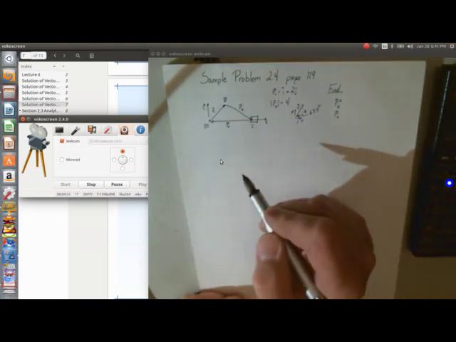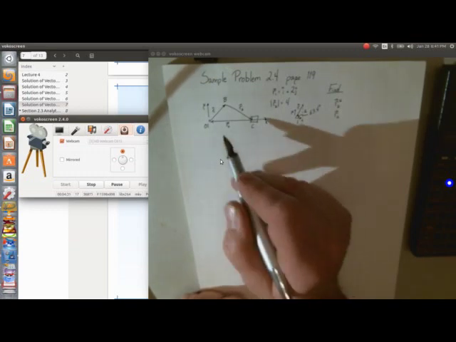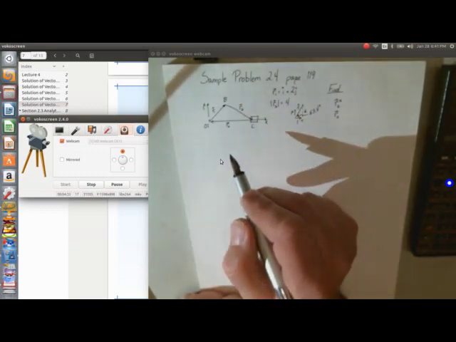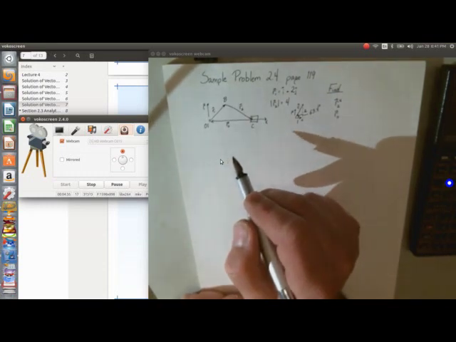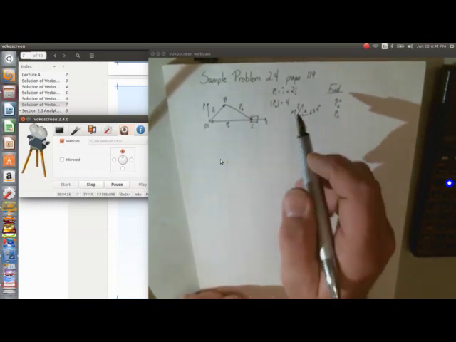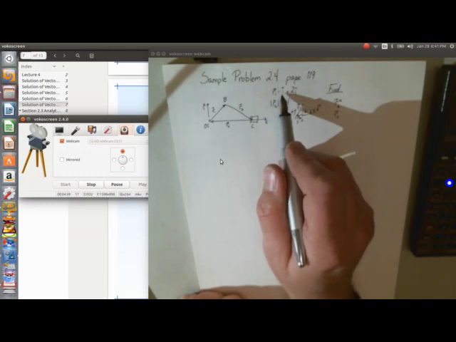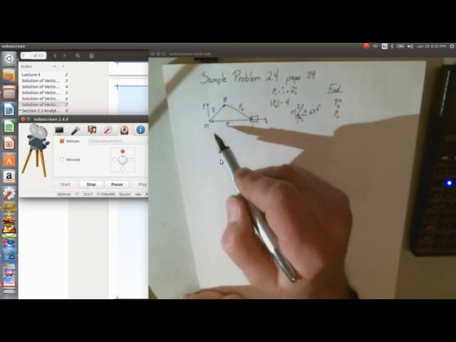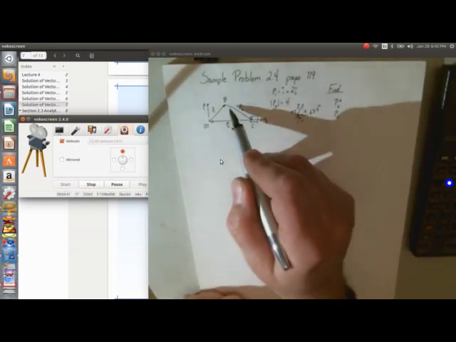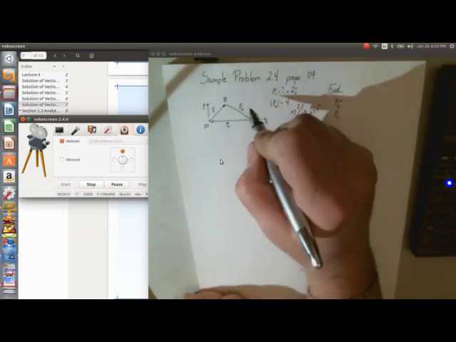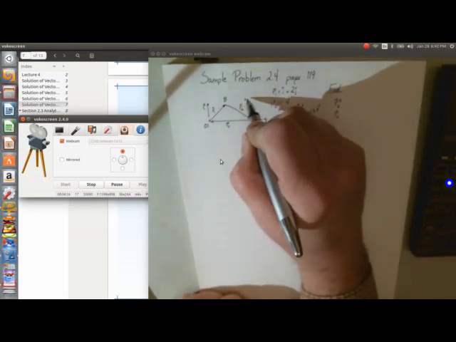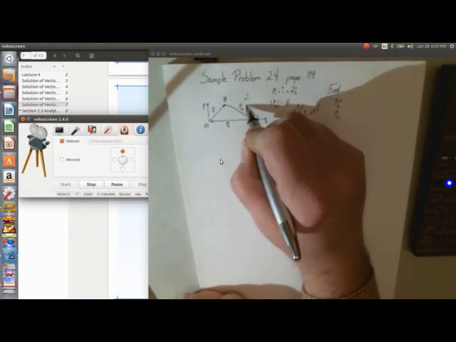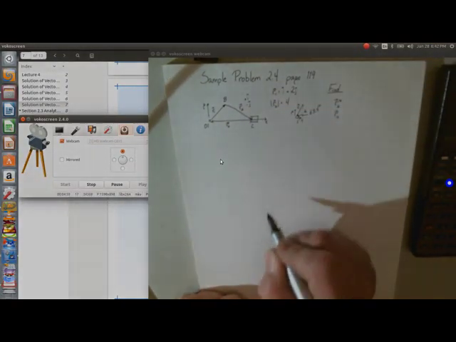Now we should note a couple of things from this sketch too. Even though it's not terribly dimensionally correct, it can tell us something. We know that r sub 1 is positive i, positive j, so it's definitely going up and to the right in our coordinate system. r sub 2, since it's going down and to the right, should be positive i and negative j when we get its answer.